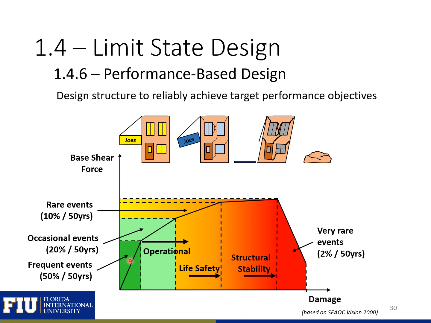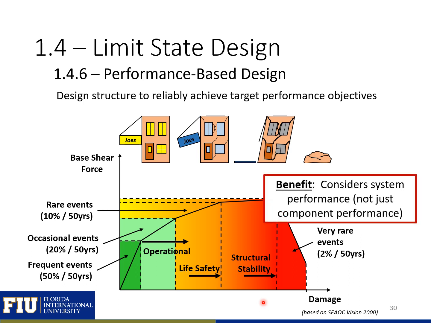So frequent events, we still want to be in the elastic zone. Occasional events, we can start going inelastic, but we still want to be operational. Rare events, we still want our building to stand up, but we can take a little more damage. So we want people to be able to evacuate or take shelter in the building, but it may not be salvageable after the event.